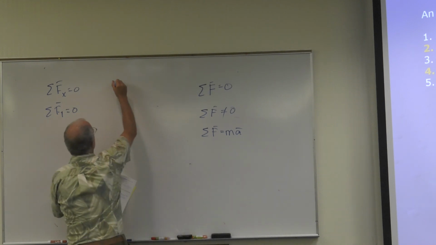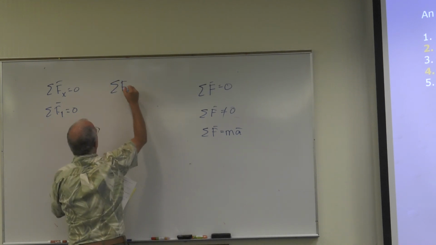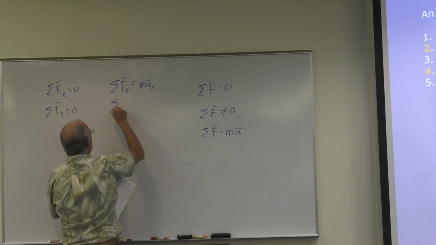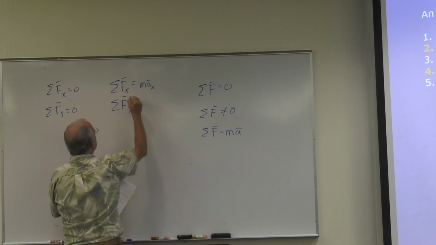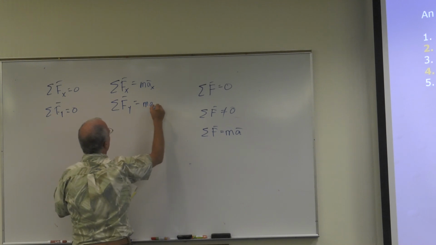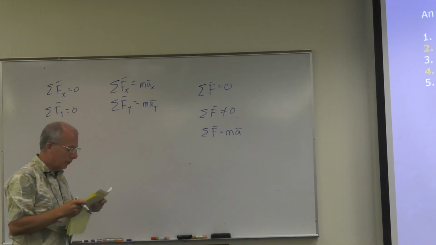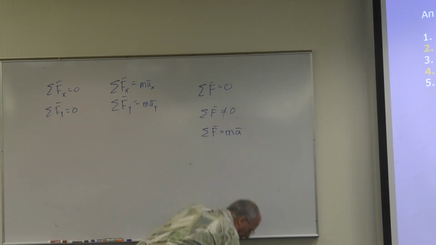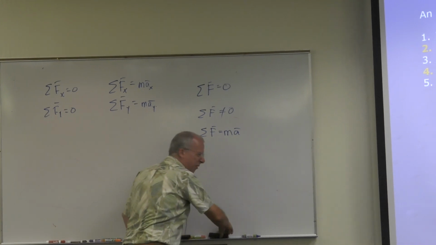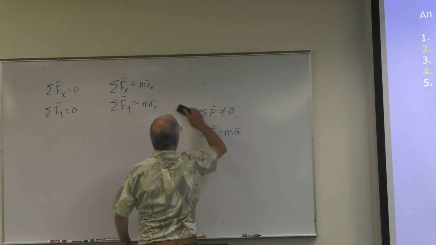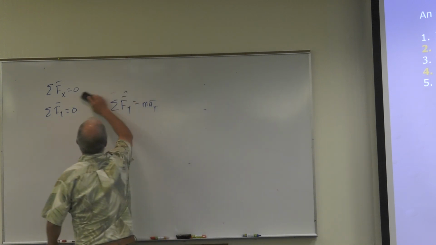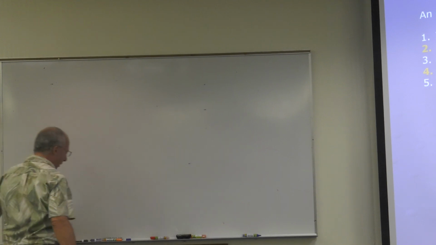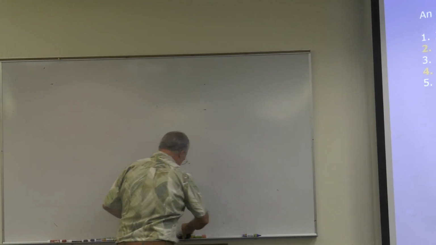Well, you just say that the sum of the x forces equals ma sub x, and the sum of the y forces equals ma sub y. That's all. So we're going to be resolving lots of vectors and components and things like that, which we've already discussed in gory detail.